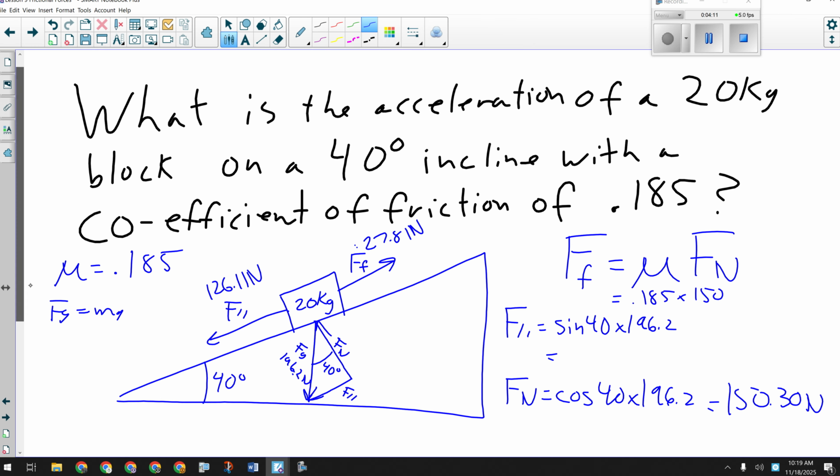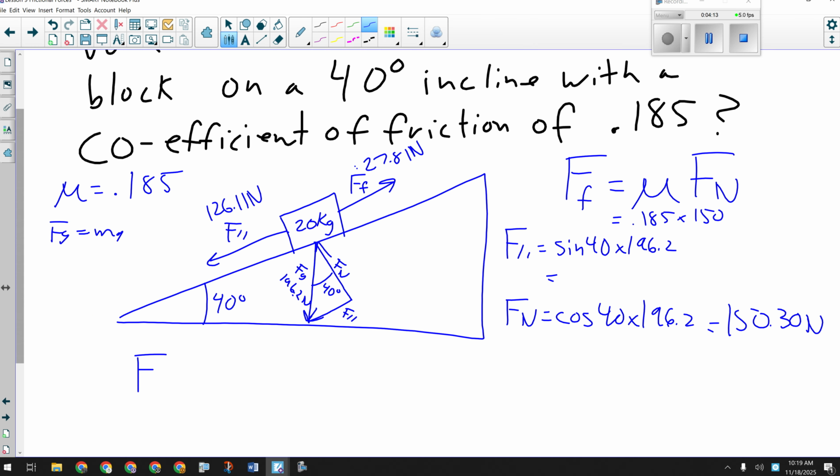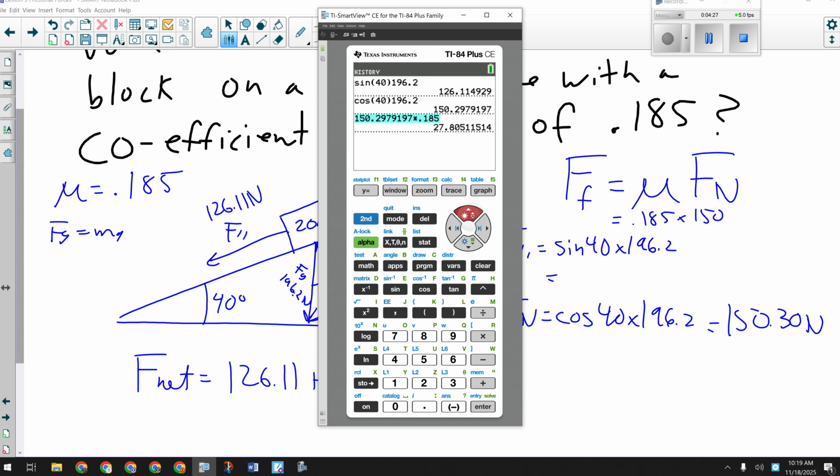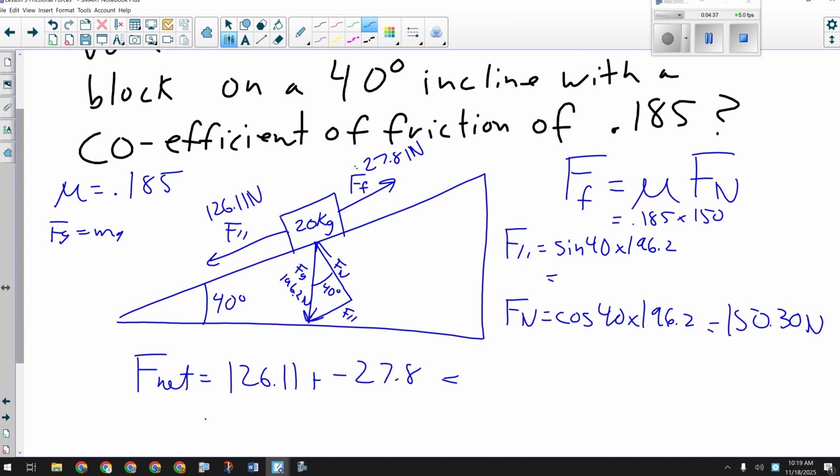So my net force here is going to be the 126.11 F parallel plus negative 27.8, my force of friction. That will get me my net force. So we'll take those two numbers. I got 98.3 newtons of net force.